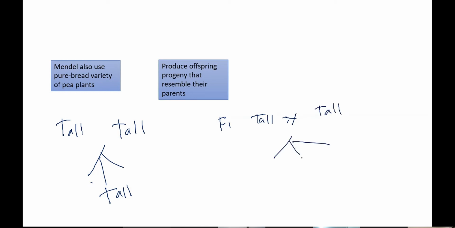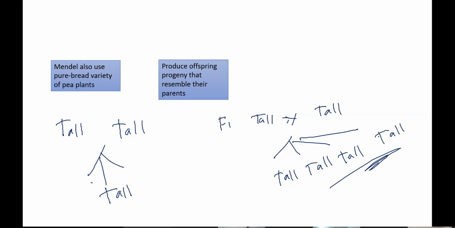So all of the F2 is tall if the parents have the same trait. This is Mendel's experiment.